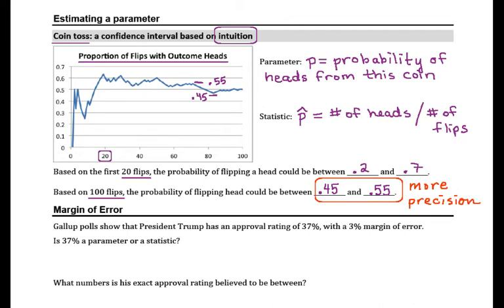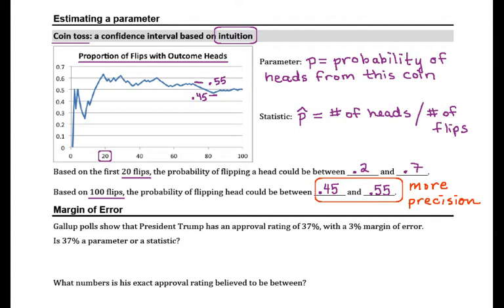Another thing that it shows us is that even though we may never know this population proportion, we still can tell something about it based on a sample statistic. We can, by introducing a little bit of uncertainty, give a range of values that we feel reasonably confident that population parameter is between. Now this is a confidence interval.